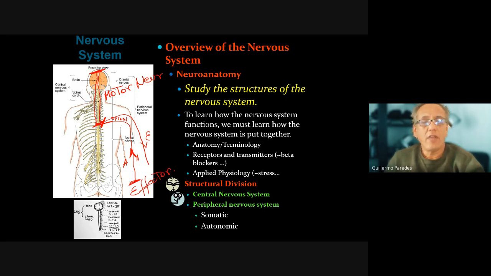Okay. So now, when you have a lesion on the motor neuron, that motor neuron is called the first neuron, or the first motor neuron. And that is the second motor neuron, the efferent, the one who is the spinal nerve.